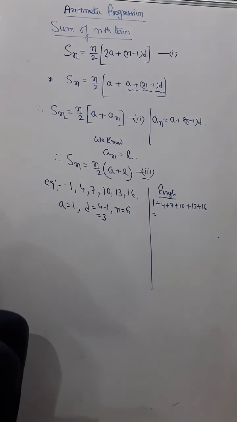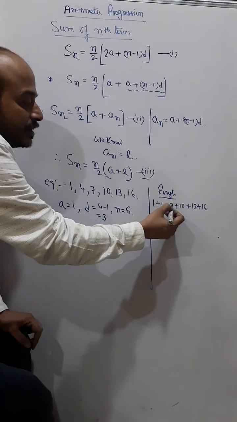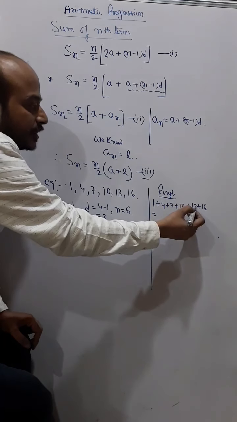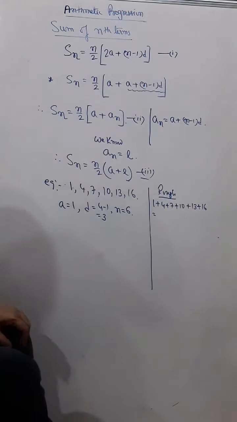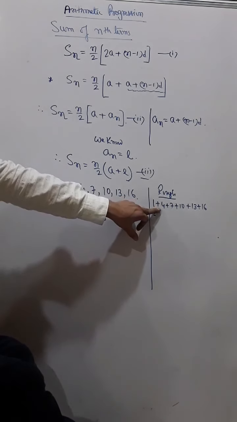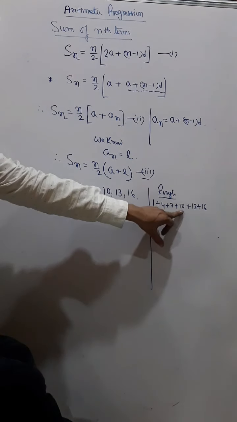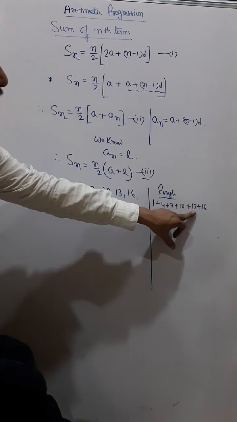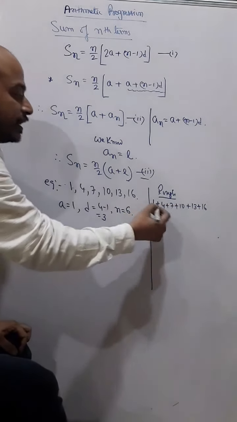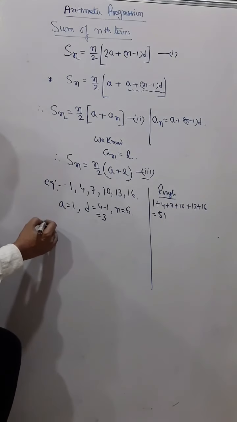If I add all these terms, how much do I get? 1 plus 4 is 5, 5 plus 7 is 12, 12 plus 10 is 22, 22 plus 13 is 35, then 51. Okay, remember this, we are getting 51. Now we will use this formula to verify it.